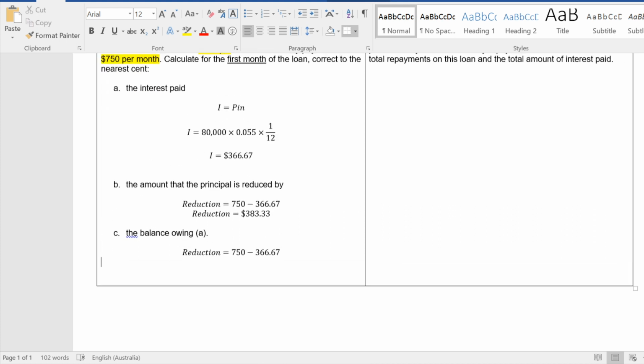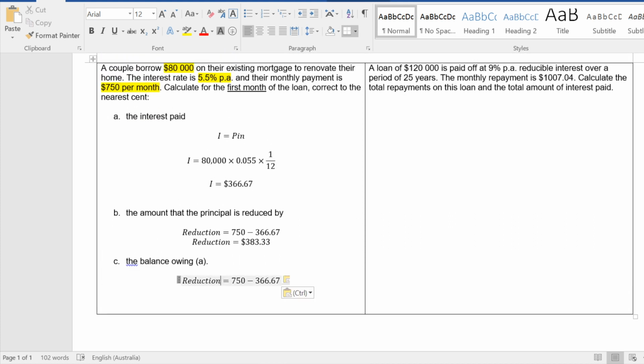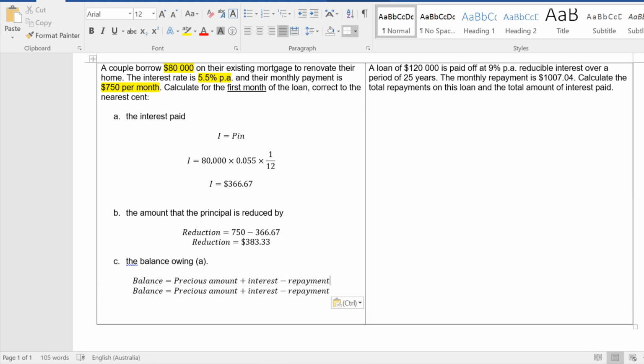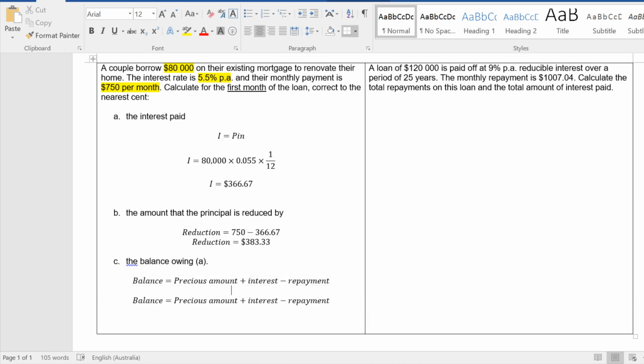Now, next up, we've got the balance owing. Now, to find the balance, here's how we're going to do it. We take the previous amount, we add the interest, and then minus a repayment, all right? So when I say previous amount, if we end up doing this, as we will do later in chapter 9, where we do recurrence relations, you'll see this can form a pattern.